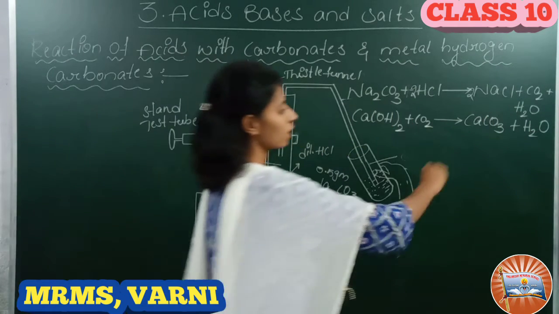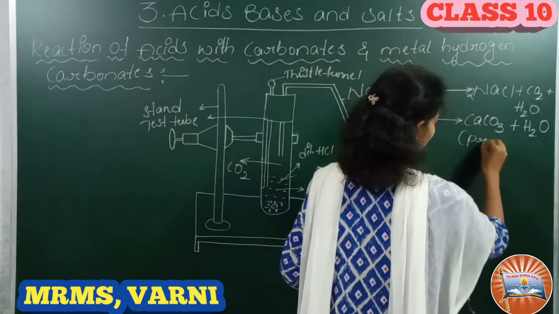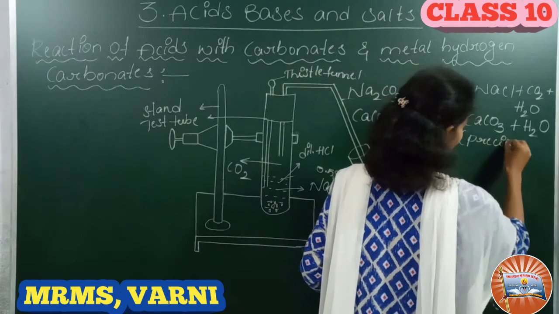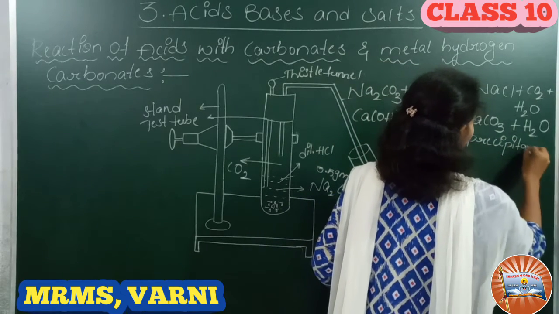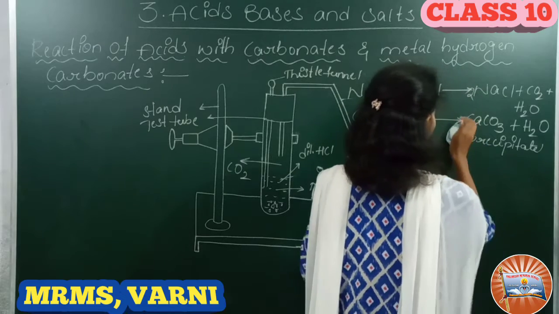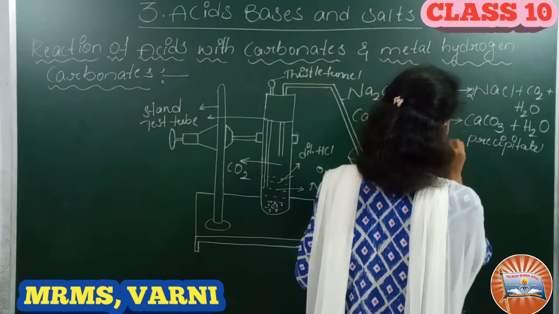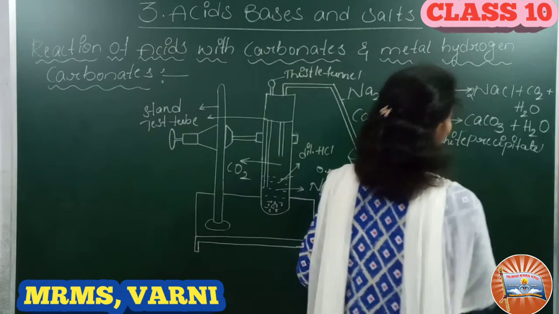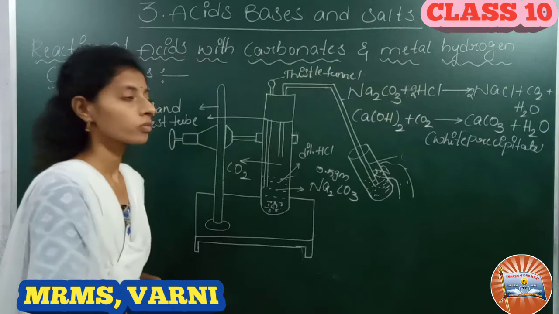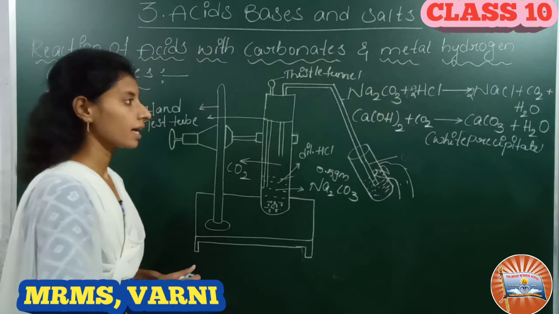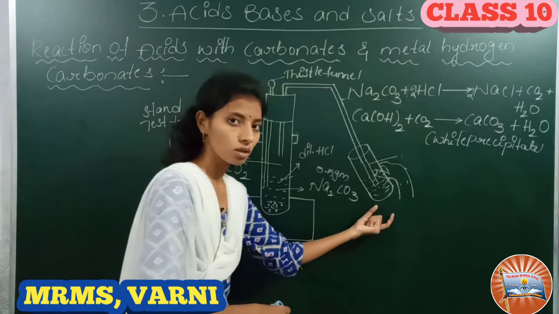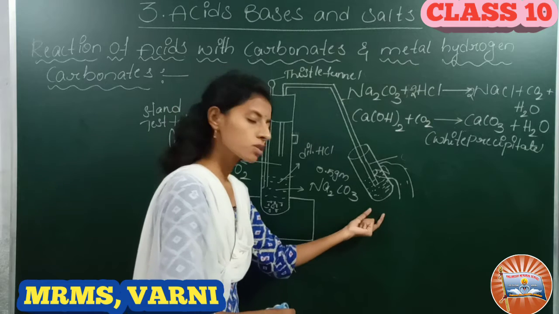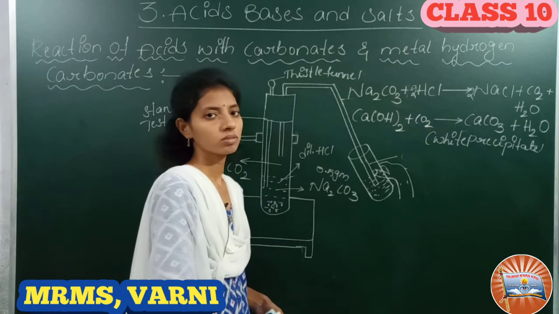So this is the precipitate. We can write this is a white precipitate. Okay. So on passing excess carbon dioxide through this solution, the white precipitate will be dissolved, right?